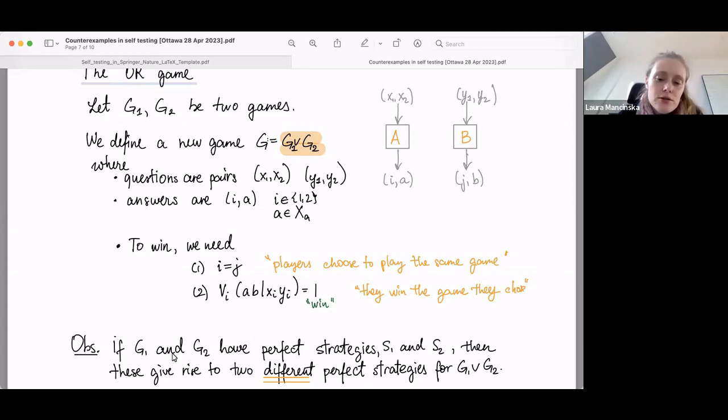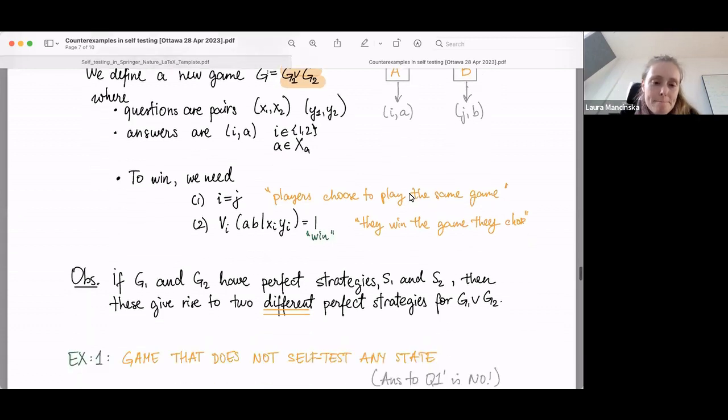Then these two strategies S1 and S2 can be promoted to strategies for the OR game G1 or G2, where the players always choose to answer from game number 1 in the case of S1, or always choose to answer from game 2 in the case of S2. And these two will give rise to two different perfect strategies for this OR game, because for the first strategy your I and J will always be 1, but in the second, it will always be 2.